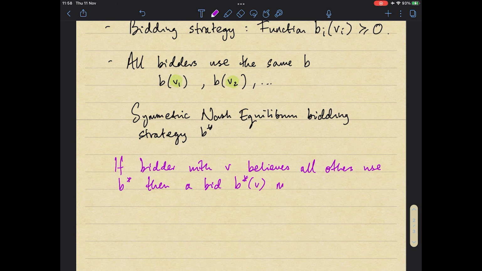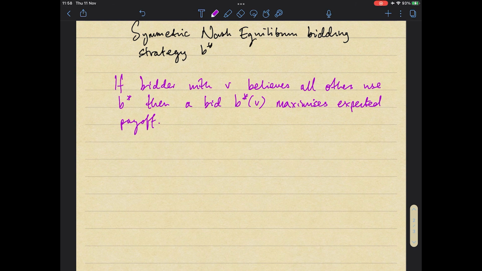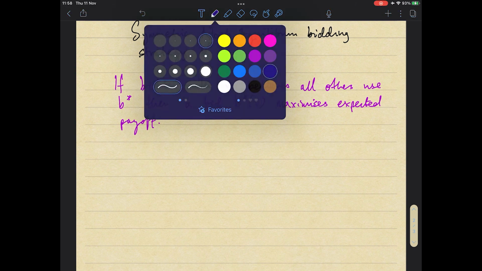So it maximizes expected payoff. Okay, so that's what we mean by a symmetric Nash equilibrium bidding strategy. And we want to figure out, well, what is the symmetric Nash equilibrium bidding strategy?